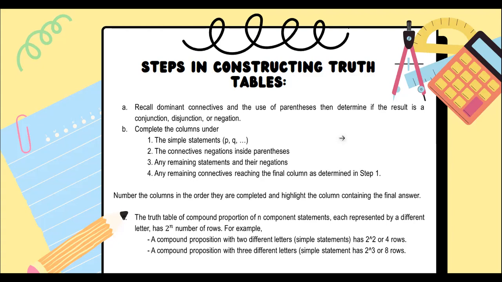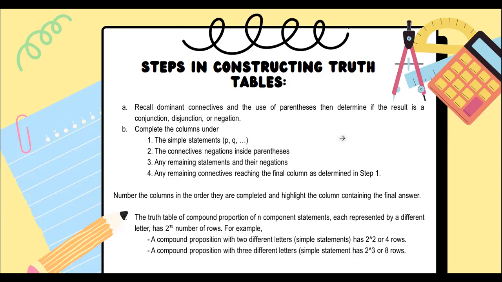Okay, tandaan nyo po na kapag nagko-construct tayo ng truth tables, para lang din kayong nagpe-perform ng PEMDAS rule. So, you need to perform first yung nasa loob ng ating grouping symbol or nasa loob ng parentheses. Okay, next, number the columns in the order they are completed and highlight the column containing the final answer.